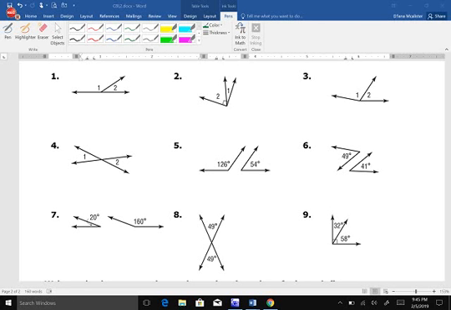Let's take a look at number 1. Number 1 does create a straight line, therefore it is supplementary.